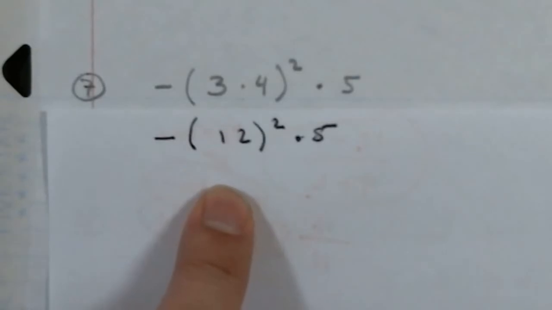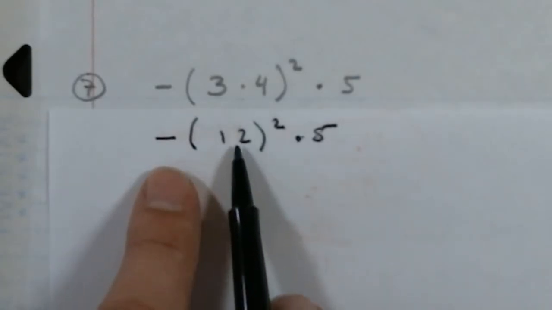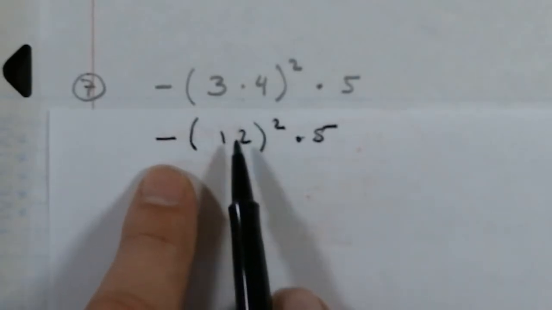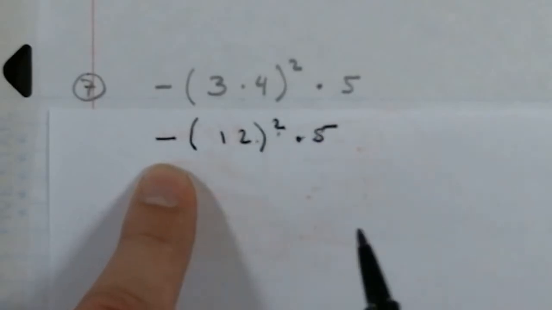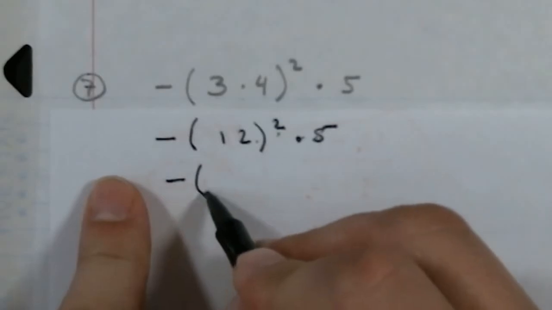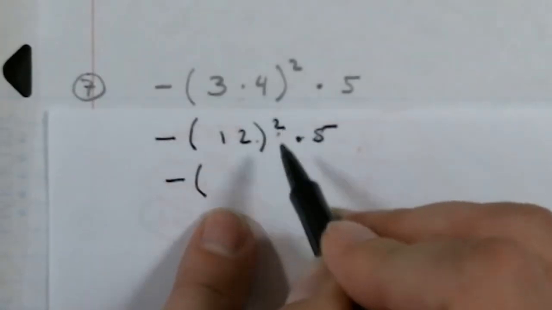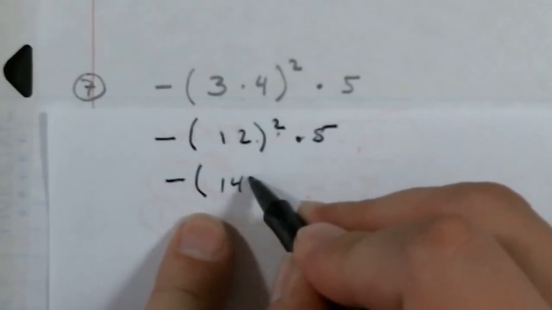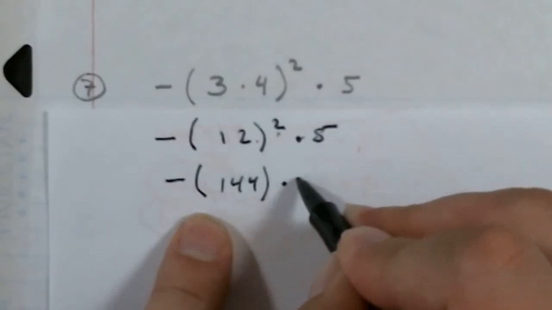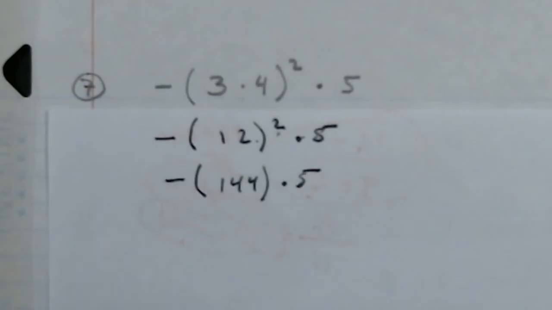So parentheses are done. Exponents, there's an exponent here, something that's raised. So you're going to go minus times 12 times 12. We got to know your multiplication tables. That's 144 times 5. So now that's what you have. What's next?